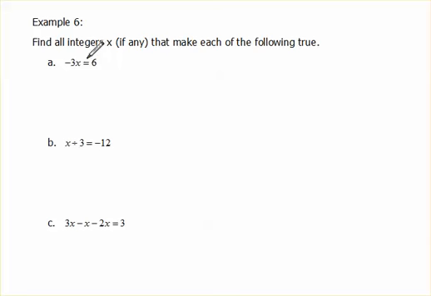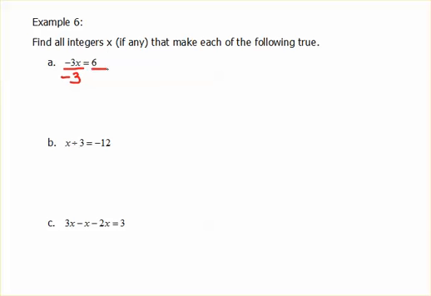Okay, so in our first problem, we have negative 3x equals 6. You always want to ask yourself when you're solving for x, why is x not alone? Well, right now it's being multiplied to the negative 3. So we want to do the opposite operation in order to undo that. So instead of multiplying by negative 3, we need to divide by negative 3.